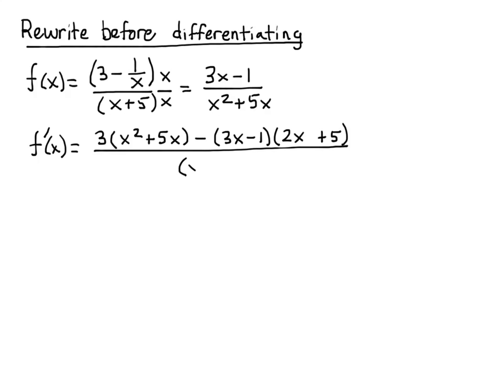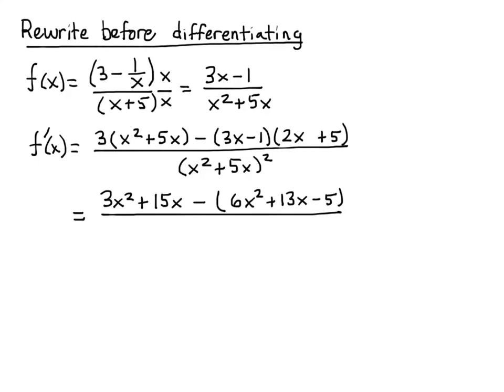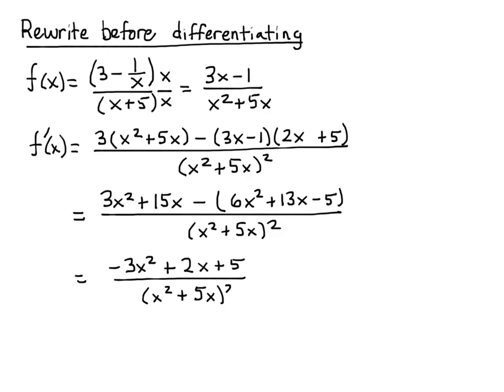I think this is pretty straightforward, and then it's a matter of dealing with the polynomial in the numerator, expanding it, and then carrying on through that negative sign and simplifying it. So there we go. Now I'm pretty confident that this thing won't factor into anything that resembles x squared plus 5x, so I'm going to just leave it like that.